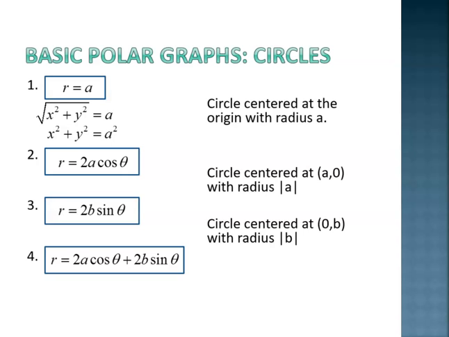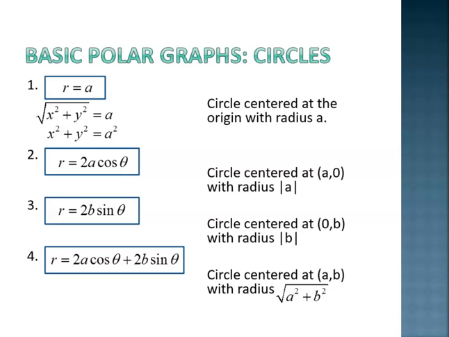This is a circle that is centered at a comma b. And then the only tricky part here is, what is the radius? The radius is going to be the square root of a squared plus b squared. Okay, it's a circle centered at a comma b with radius square root of a squared plus b squared.